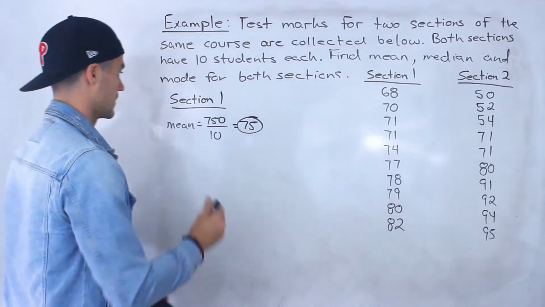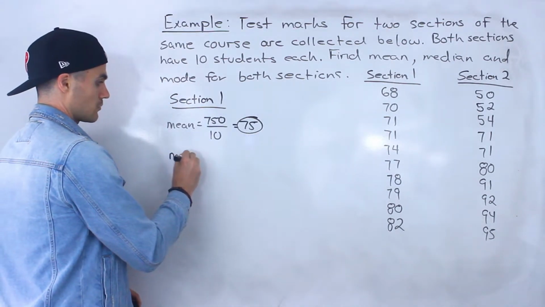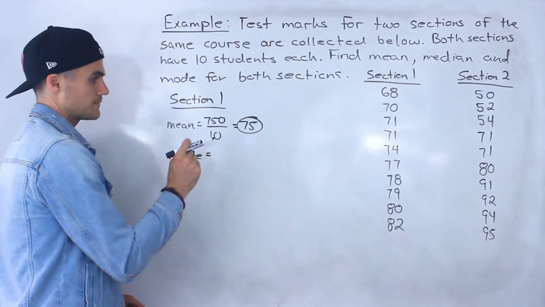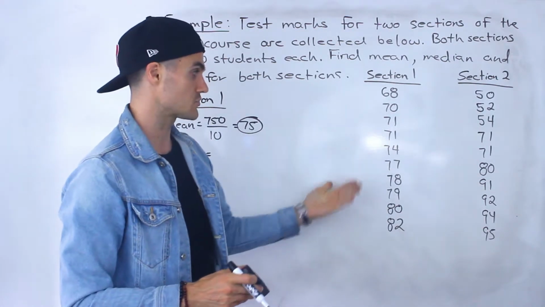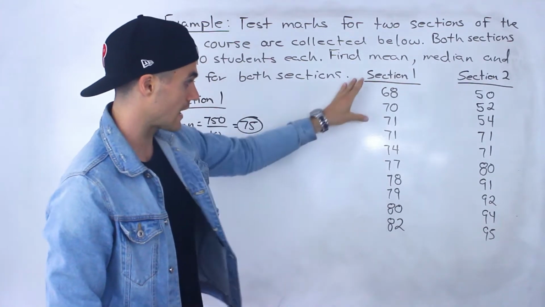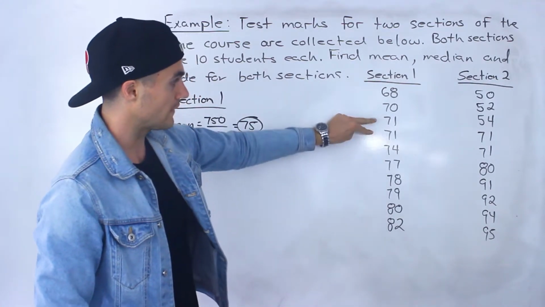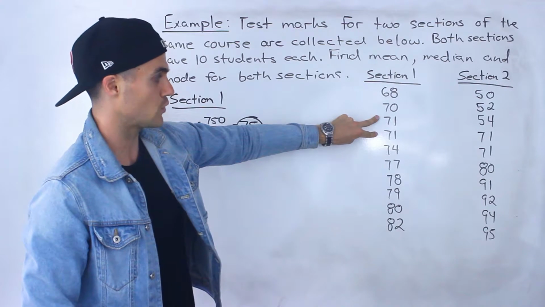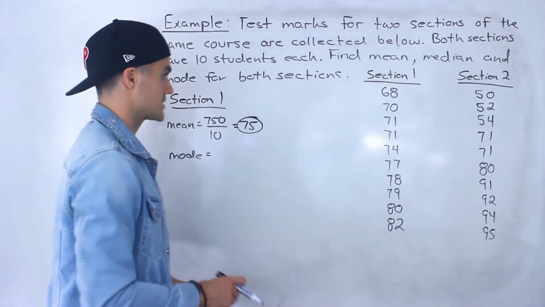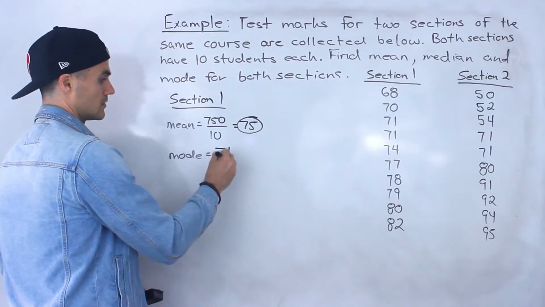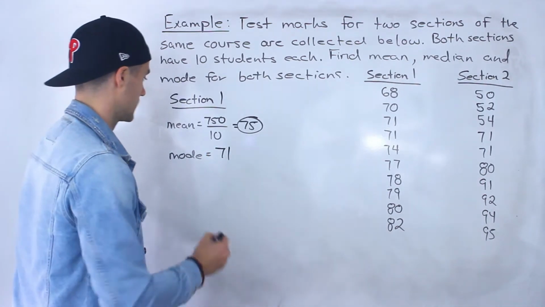What's the mode going to be? Remember, the mode is the observation that has the largest frequency, that shows up the most. Out of all of these, the one that shows up twice is 71. No other mark shows up twice. So this frequency of 2 with that 71 makes it the mode.